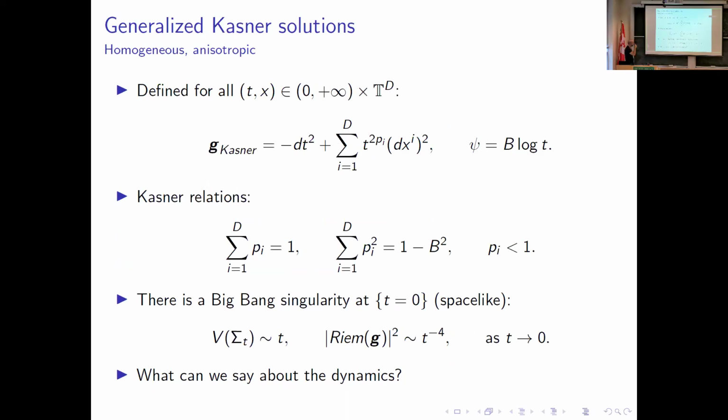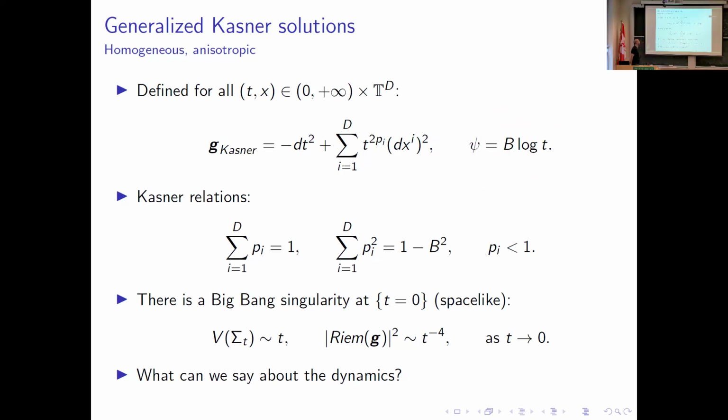So Warren already wrote down the Kastner metric. So this is in toroidal topology. The scalar field, again, as Hans mentioned, the leading order behavior. So this is the multiple of the logarithm. And okay, the constant doesn't really matter.